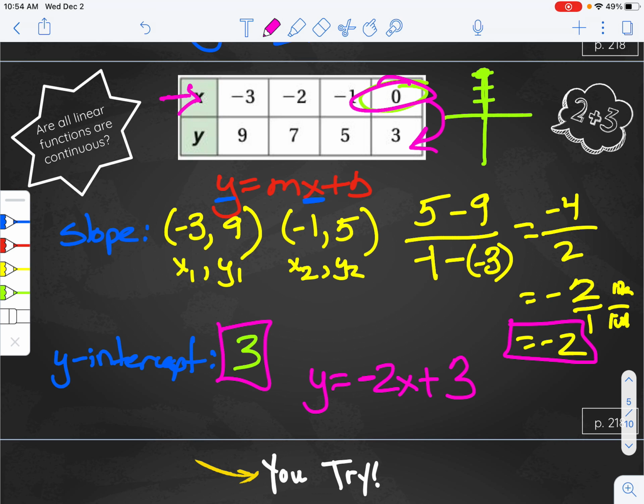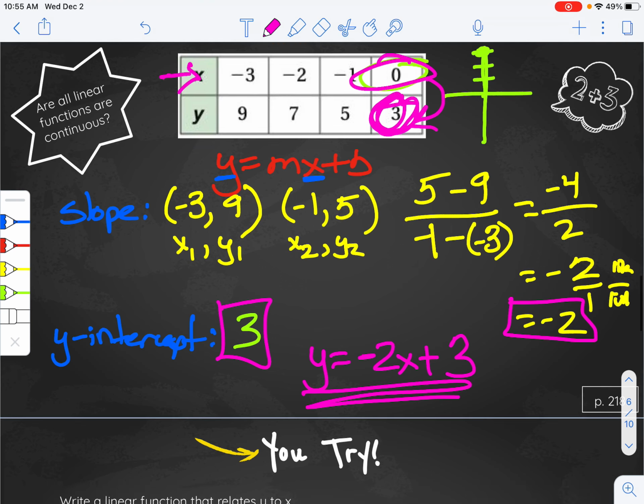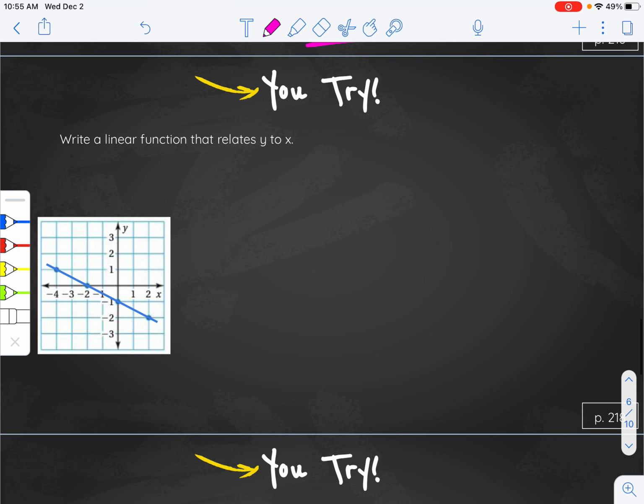So if you were to quick plug in 0, because that's an easy one, -2 times 0 is 0, plus 3 is 3, saying that y equals 3. That matches our table up here. So we know that our linear function that we just wrote is correct because we tried one of our x values and we found that it corresponded with the correct y value. So that's a quick way to check.